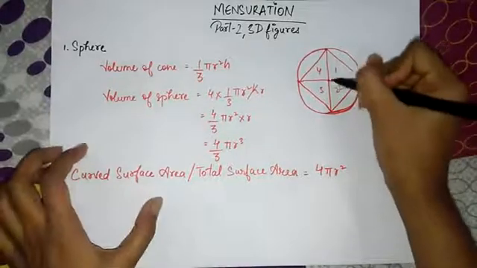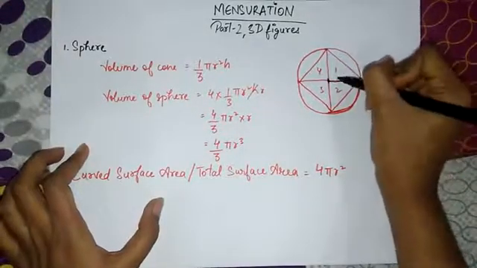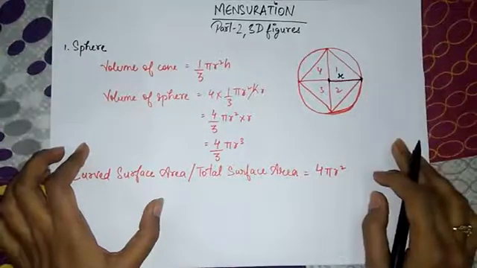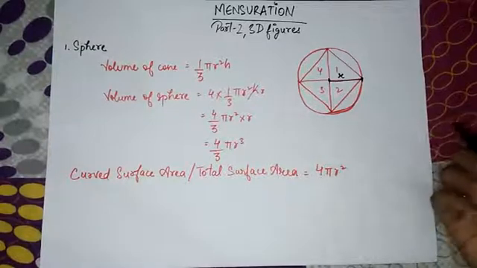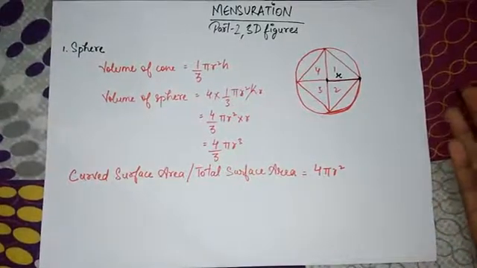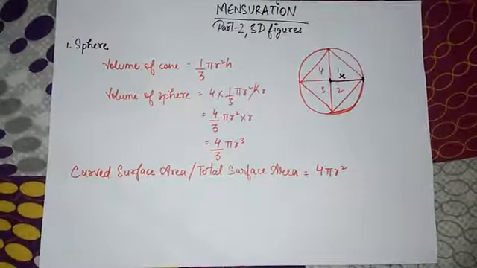And this is radius r. Okay, and when in the question it is not given what is the value of pi, you have to take it 22 by 7. Of course you know this, right? So I was just telling you in case if you don't.